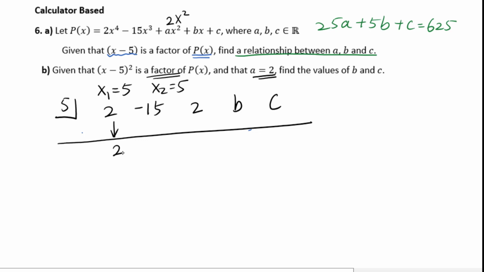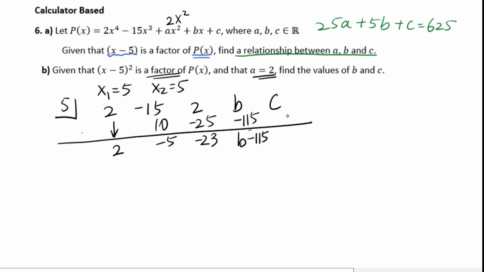Drop down the 2, multiply by 5, 10, negative 5, negative 25, adding negative 23. Negative 23 times 5 is negative 115, adding b minus 115.